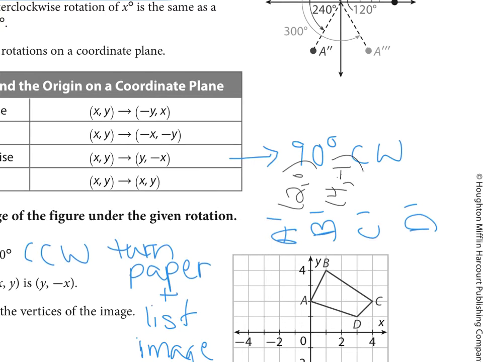C prime is counting 2 over and down 4, so that's the point 2, negative 4, and then D prime is counting 1 over and down 3, so positive 1, negative 3.